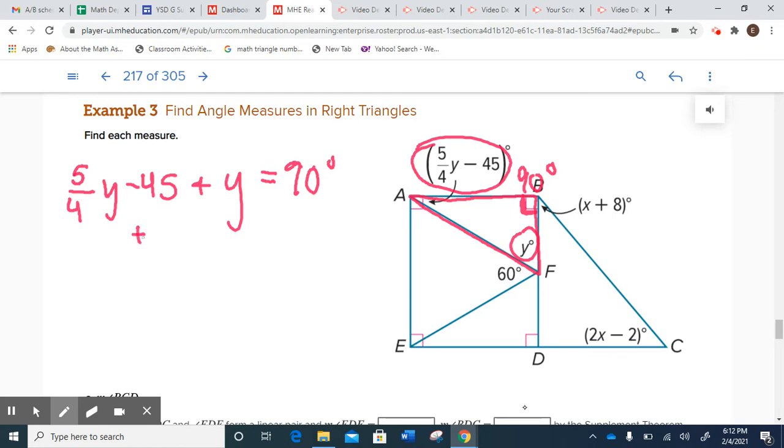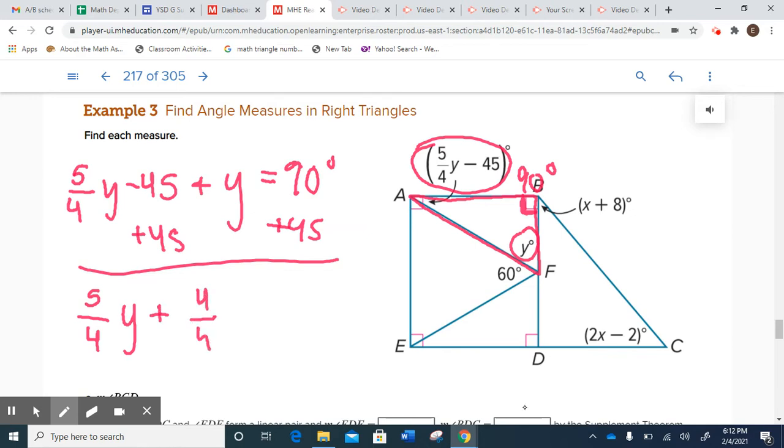Let's add the 45. So I have 5 over 4y plus, I'm going to go ahead and make this 4 over 4y so that it matches the fractions of the first variable. And then we have 135.